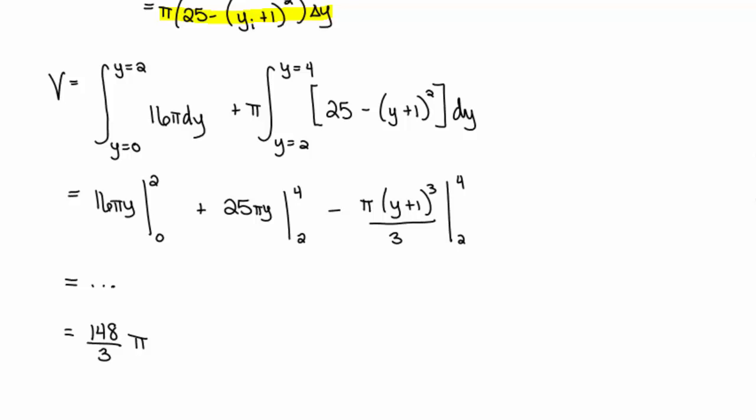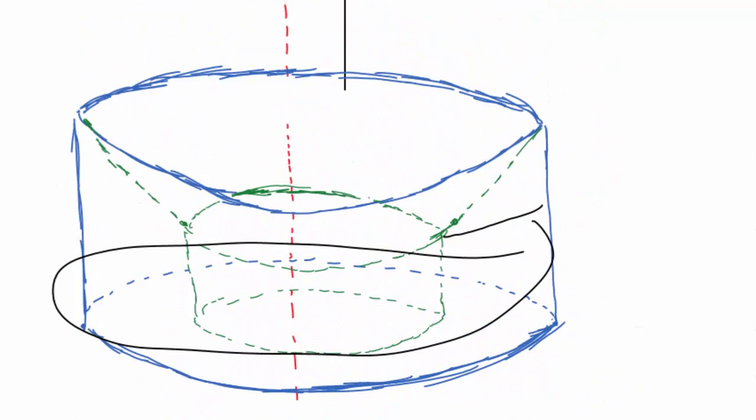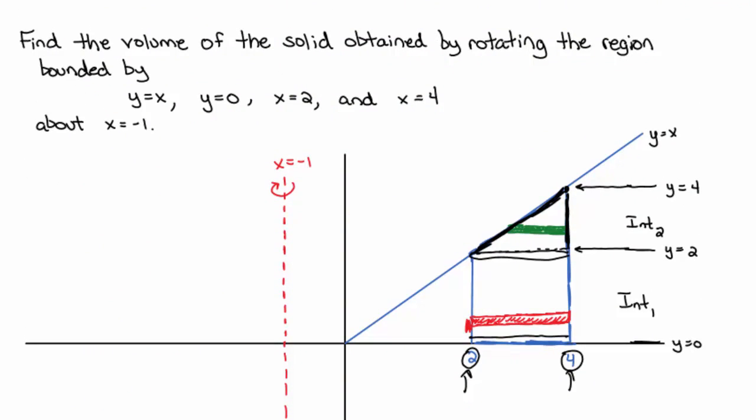So again, to reiterate, the whole problem started with us wanting to rotate about a vertical line that was not the y-axis. And so that created an interesting type of radius situation. These are more common. These are actually very common. And so when you're asked to rotate about something other than an axis like X or Y, you have to start thinking about, well, what are my actual radii?